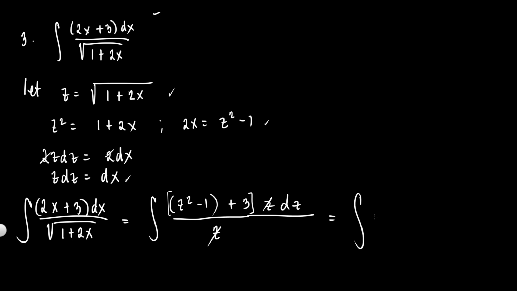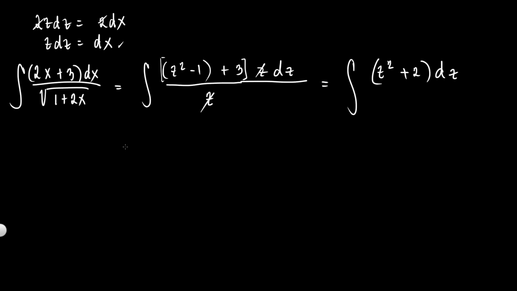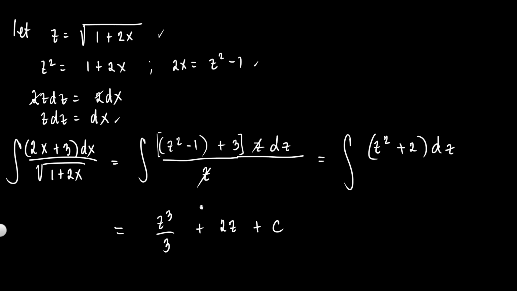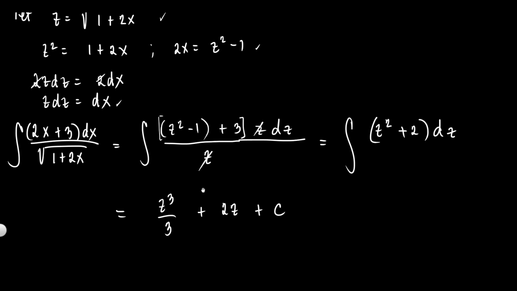So this is equal to the integral of z squared minus 1 plus 3, or z squared plus 2, dz. Now, integrate this. z squared dz is z cubed over 3, our formula, plus 2z plus c. And z is equal to the square root of 1 plus 2x.